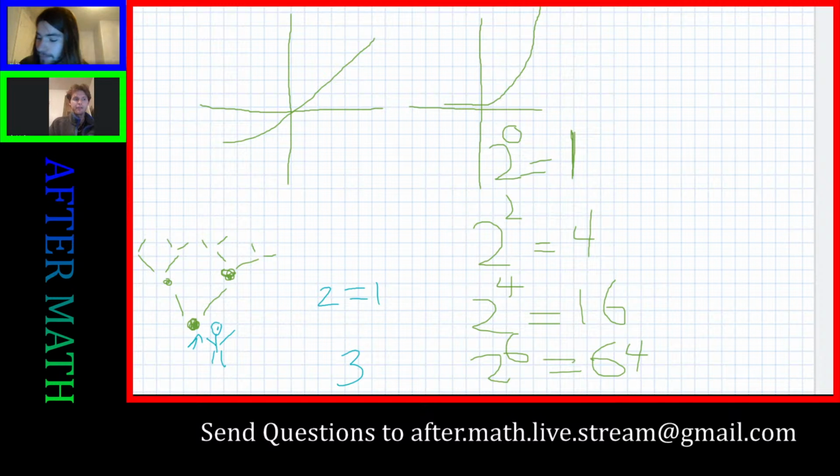That is true for every single integer besides 0. 0 to the 0 is a mess. Working with 0 is just a mess, right? Like a number divided by 0, you get into a mess. Okay, so it works for every integer besides 0.